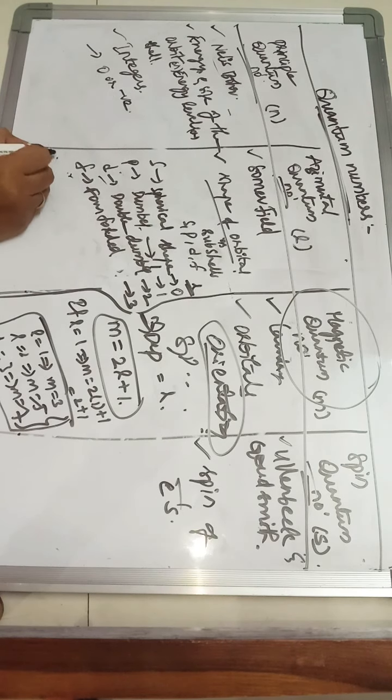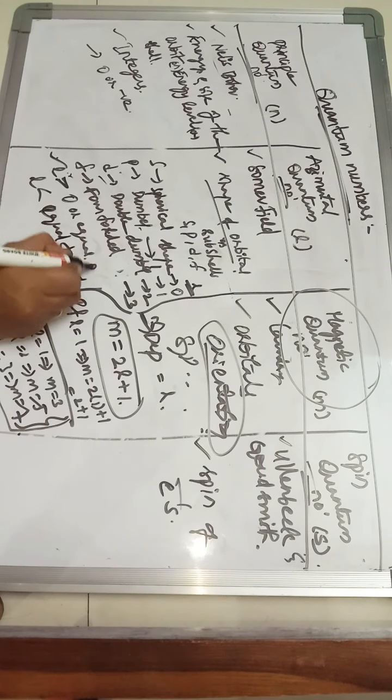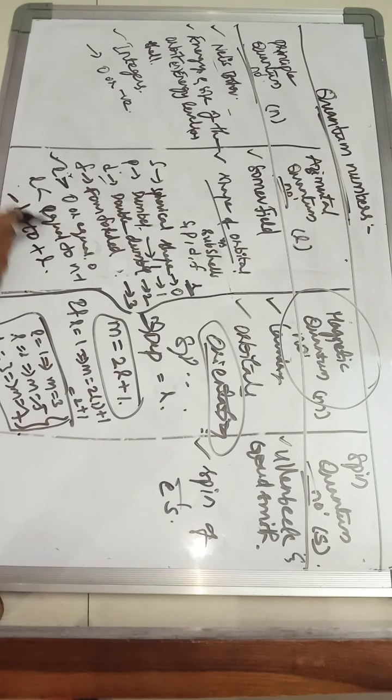Okay, L value is greater than or equal to 0 and less than or equal to n minus 1, that means between minus L and plus L. n means here the principal quantum number.